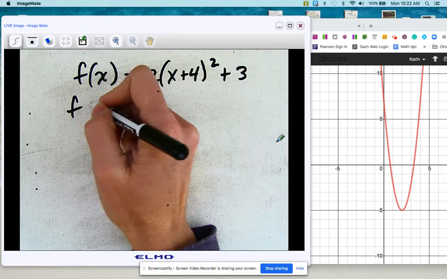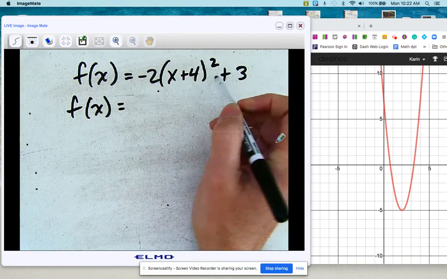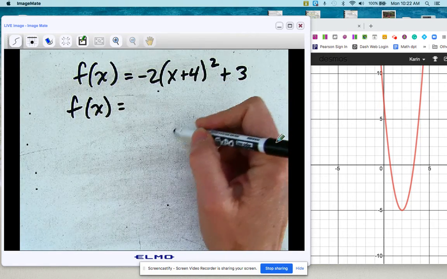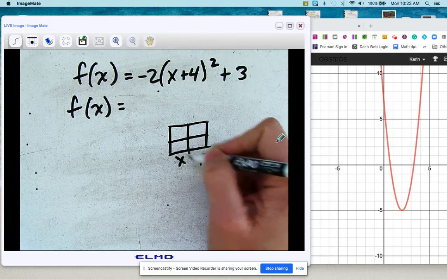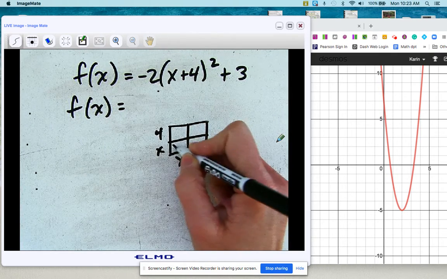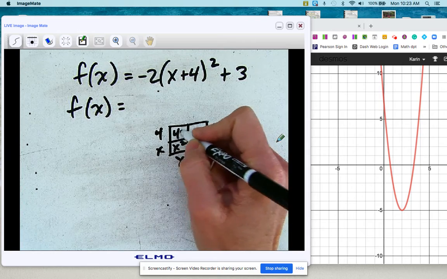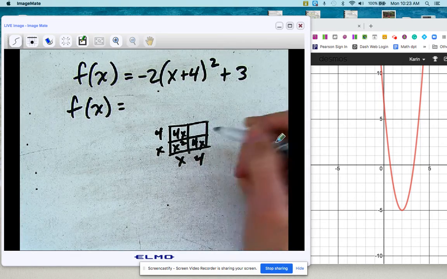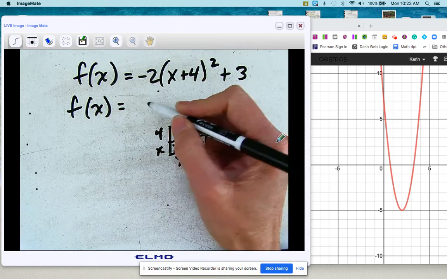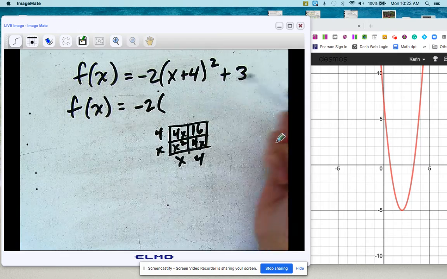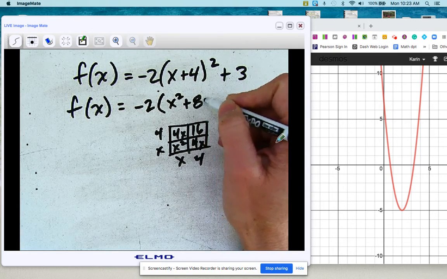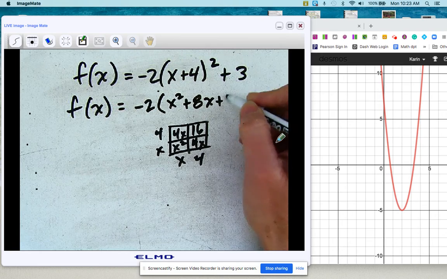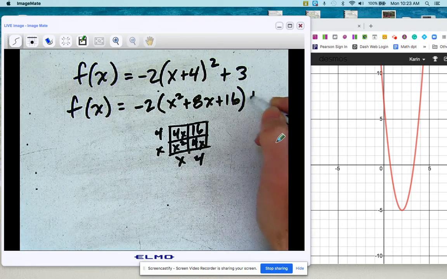So I'm going to square this. I'll make a little generic rectangle here: x, 4; x squared, 4x, 4x, 16. So I get f of x equals negative 2 times x squared plus 8x plus 16, plus 3.